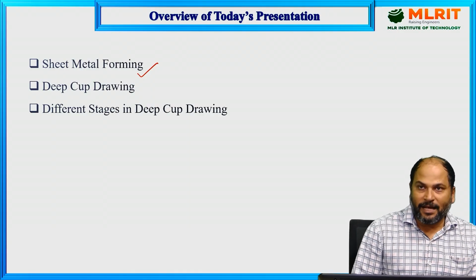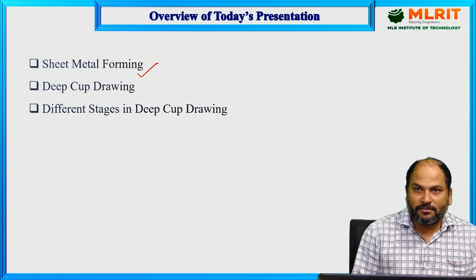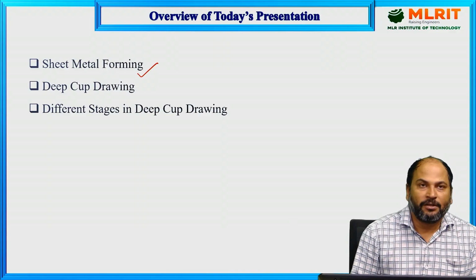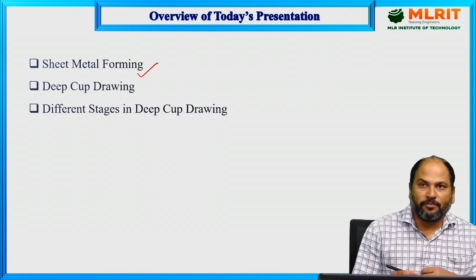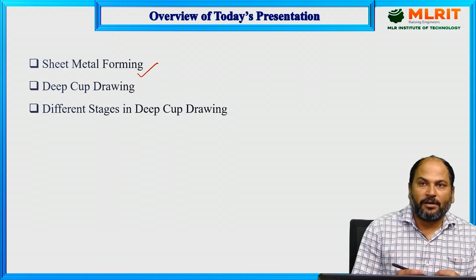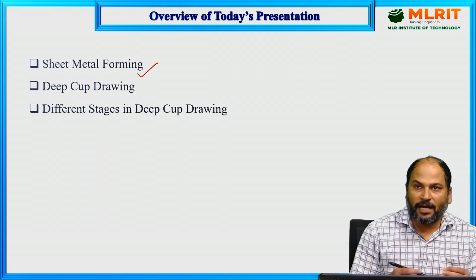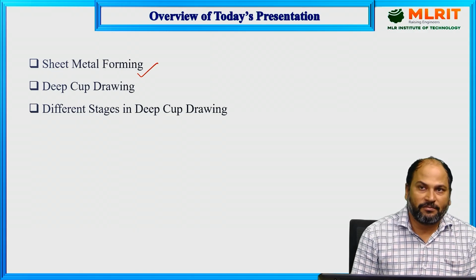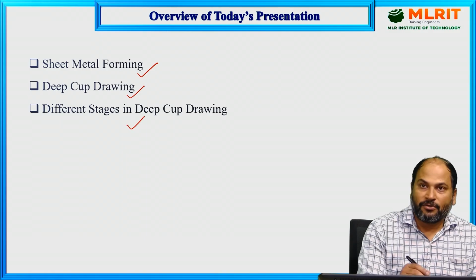And then in that, particularly, we'll see how many different stages there are when we are doing this deep drawing, what actually happens at different stages, how compression plays its role, how tension plays its role, and what the work of friction will be between the die and the punches. All these things we are going to discuss in detail in today's lecture.